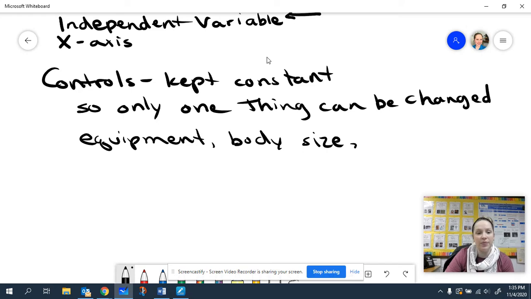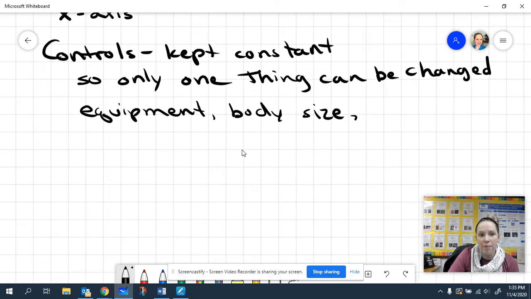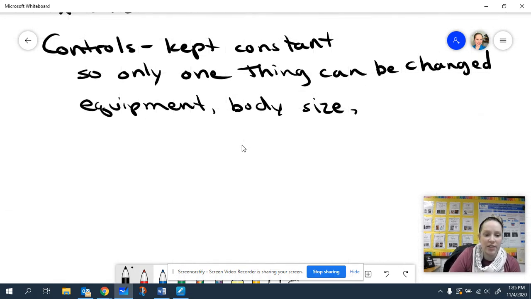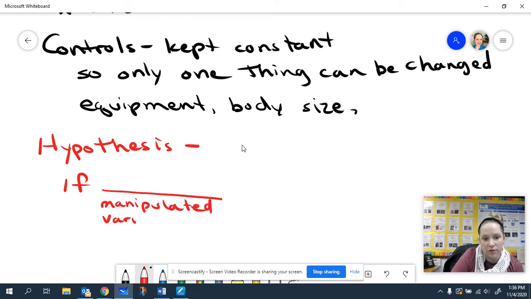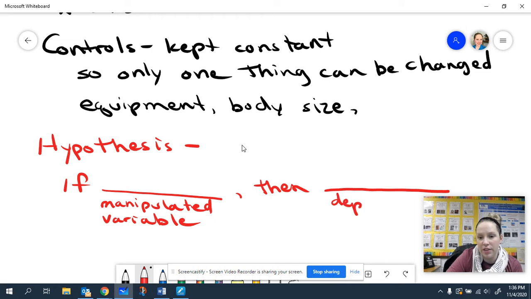So another quick reminder about a hypothesis is that your hypothesis needs to be written as an if-then statement. So for the hypothesis, you are going to say if we do something, so if we change something, the manipulated variable, then what is going to happen to our dependent variable?